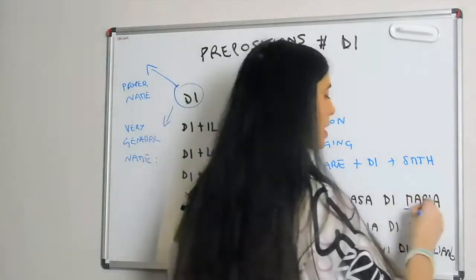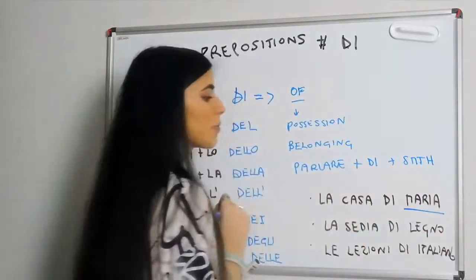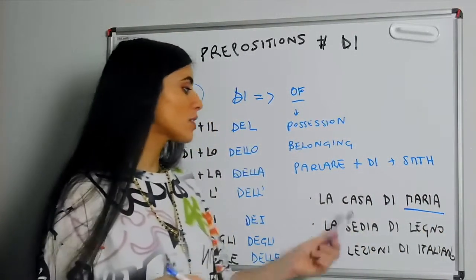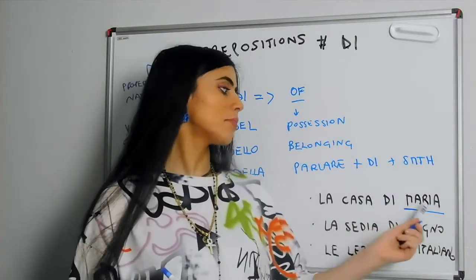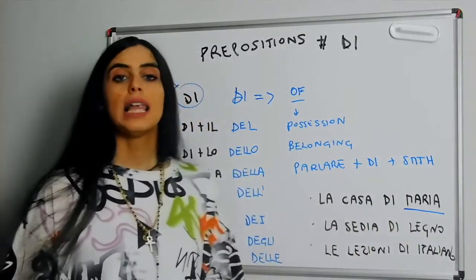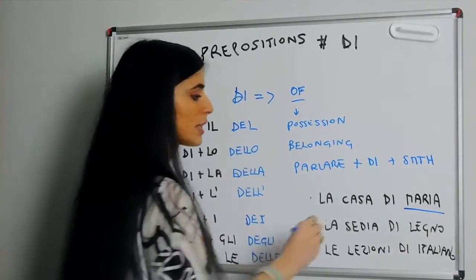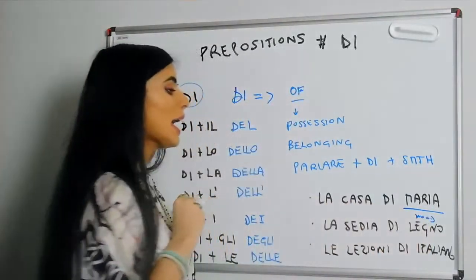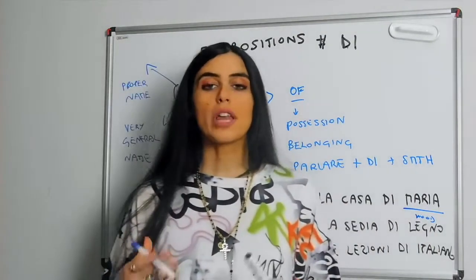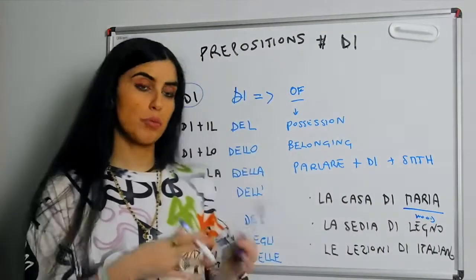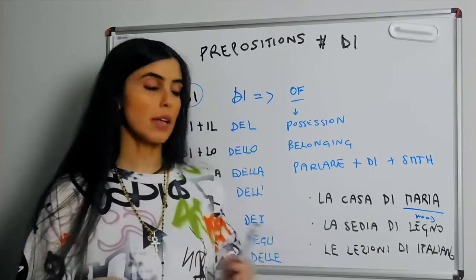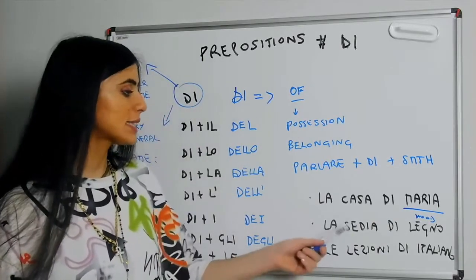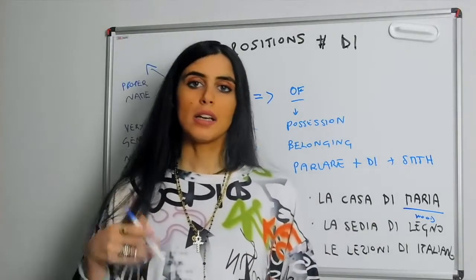Maria is a proper name meaning the name of a person, and so we'll have La Casa di Maria. Number two, La Sedia di Legno. Now, legno here is wood, okay? And so it's the material. Now, we're not specifying anything about this piece of wood. We're just specifying that it's wood and that's it, right? And so La Sedia, the chair, di legno.